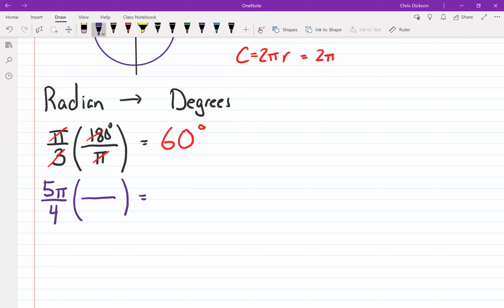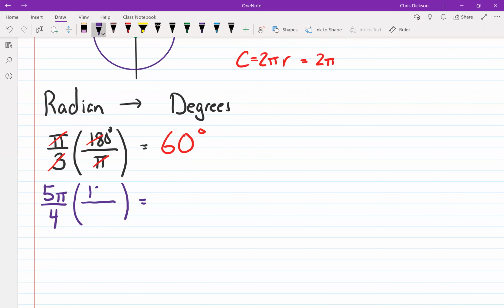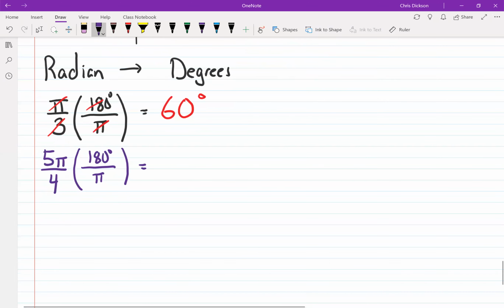Okay, so same as before, I don't have any degree symbol here, so I'm going to choose the fraction that has the degree symbol in the numerator. So that'd be 180 over pi. And then I'm going to see if I can do some simplifying here. It's a bit easier sometimes. So the pi's would cancel, they're gone. And I know 2 goes into 180, 90.